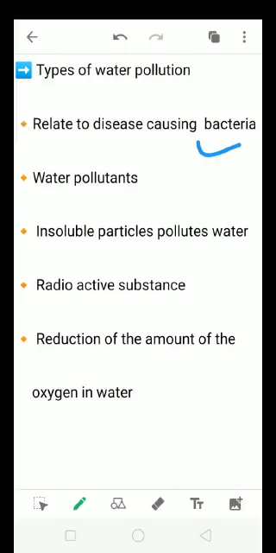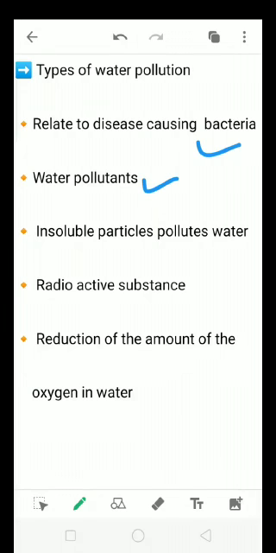Water-soluble and insoluble organic and inorganic chemicals like acid, salt, toxics, metals, nitrates and phosphate salts, oil, petrol, plastic, pesticides, and cleaning solvents are types of water pollutants. All of these are called water pollutants, and they are making pollution in the water.